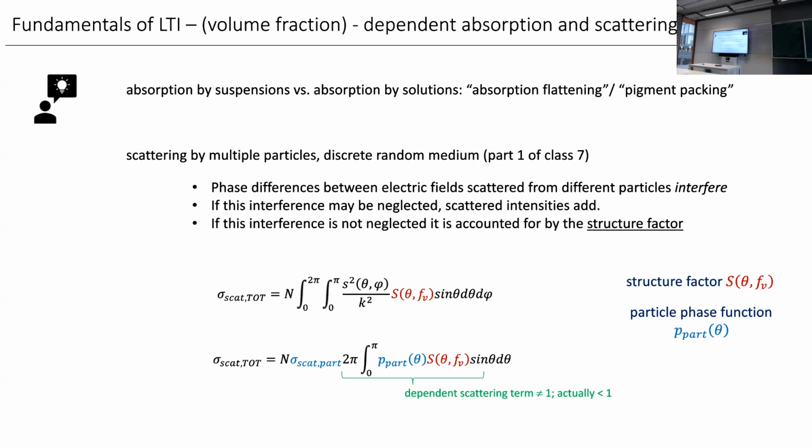The way that works out mathematically is that you can lump all these interference effects into the structure factor function S. The easiest way to use that, if you have identical particles, is to calculate the scattering cross section and the phase function of that single particle using, let's say, Mie theory or Rayleigh theory. And then the total scattering cross section is N times that, because we have N particles, and this integral term, the phase function multiplied with the structure factor, integrated over angle, accounts for all the differences.